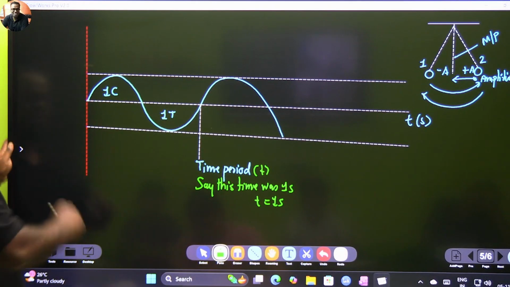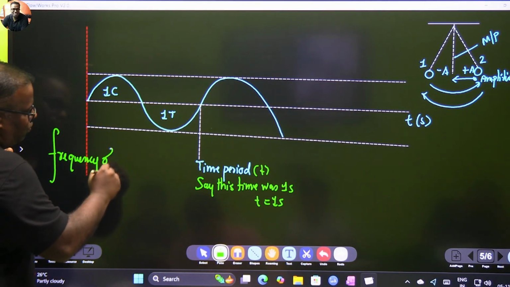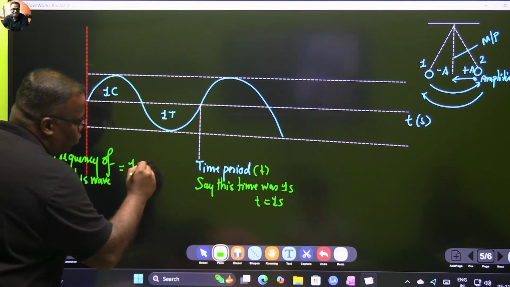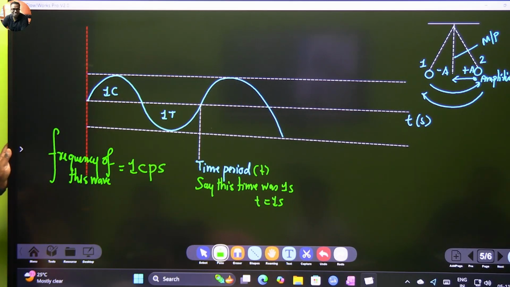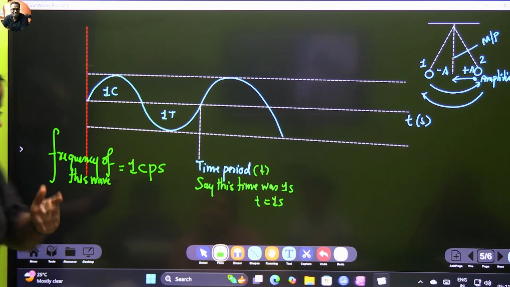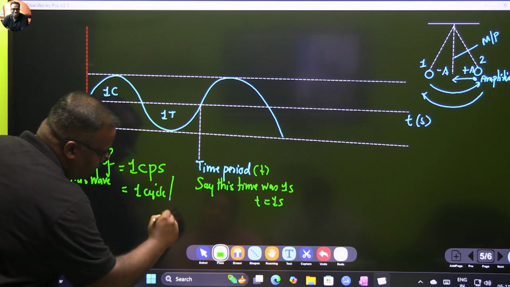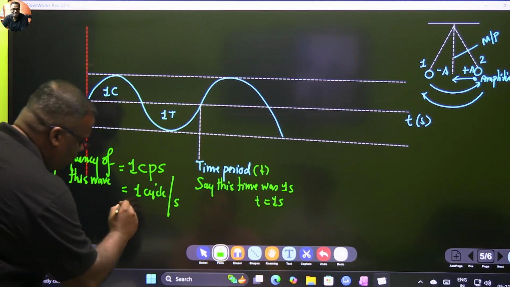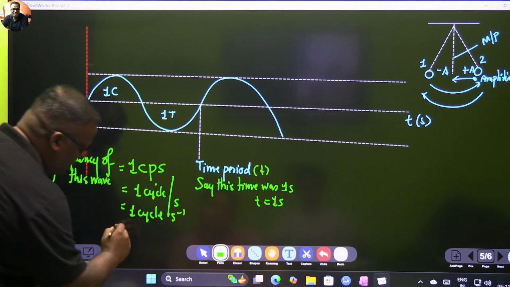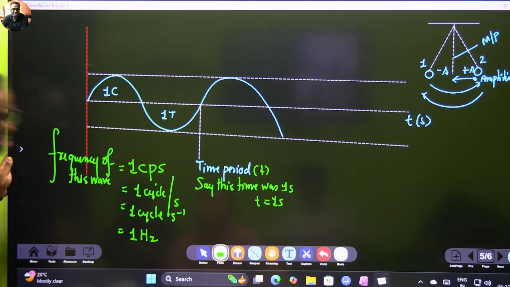Then I will say that the frequency of this wave is equal to 1 CPS, 1 cycle per second. एक सेकंड में एक साइकिल करता है. 1 CPS, which is also known as 1 cycle per second, which is also known as 1 cycle second minus 1. And this second minus 1, in honor of Heinrich Hertz, the German scientist, is said as 1 Hertz.